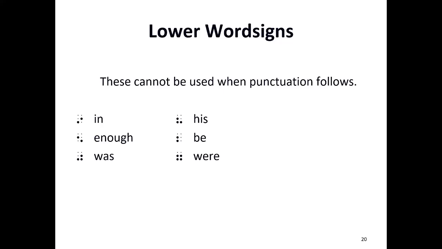So to keep things from being confused, the rule is that these need to be spelled out when there's punctuation touching them. Sometimes there are other little contractions that we can use, but we can't use the entire word sign. So I will show you some examples of that on the next slide.